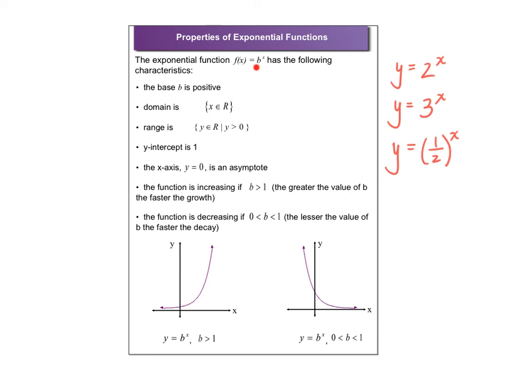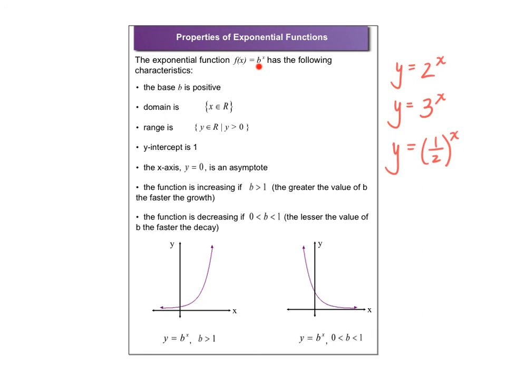If our base is greater than 1, so if it's a number like 2, 3, 4, or a fractional value greater than 1, like 1.2, 1.4, they would be included there as well, then we know that exponential growth is being expressed by that function.